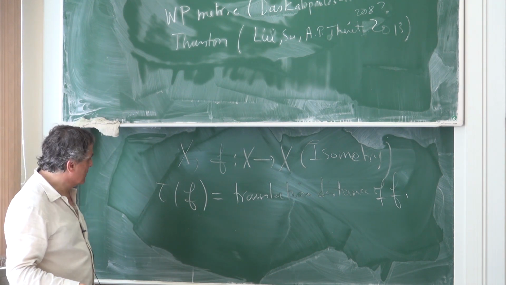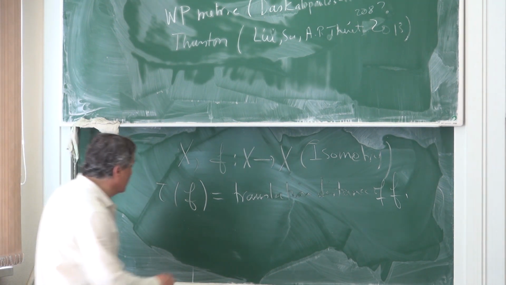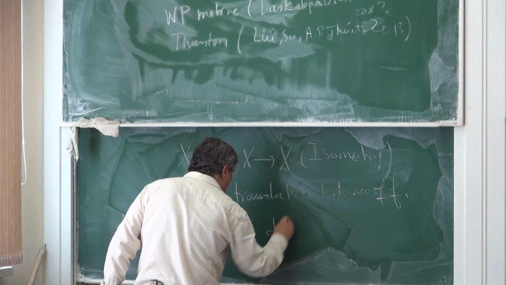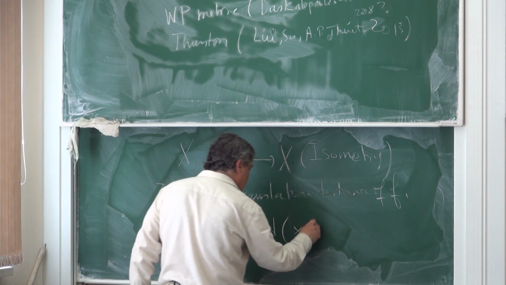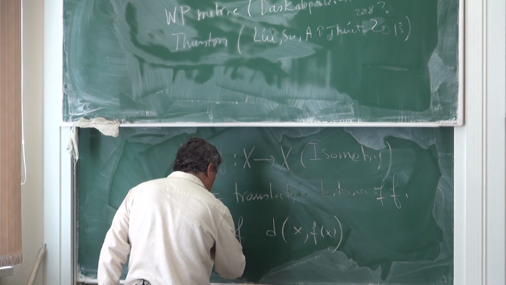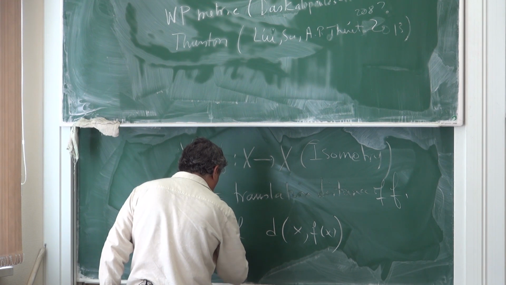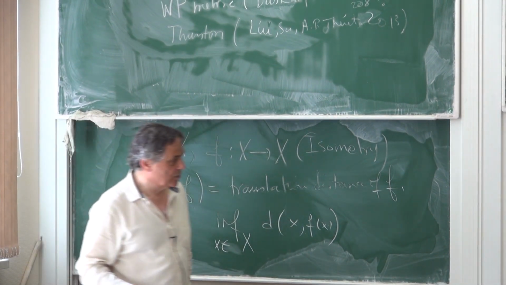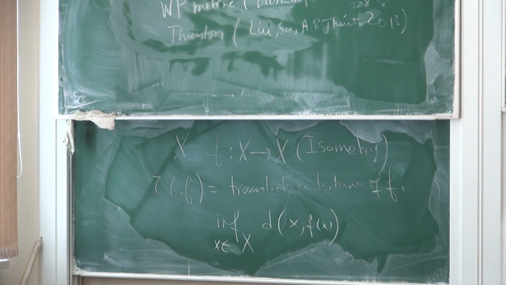So you define the translation distance here as the infimum of the distance between x and f of x, and you take the infimum over all x in your space X. And you see what you get, if you can say something interesting about this.